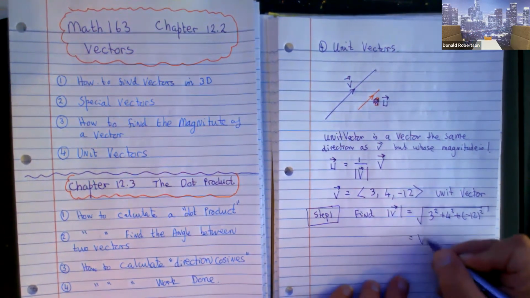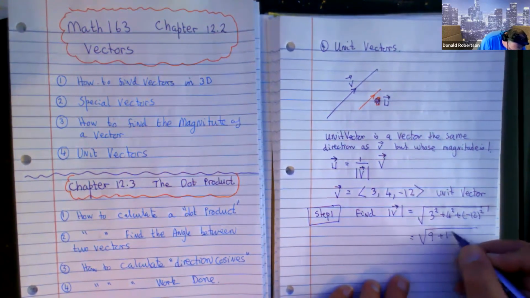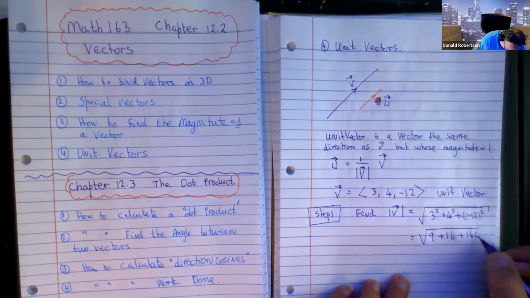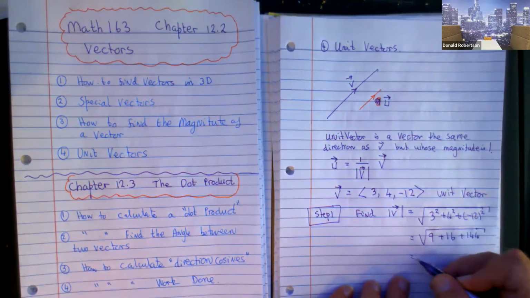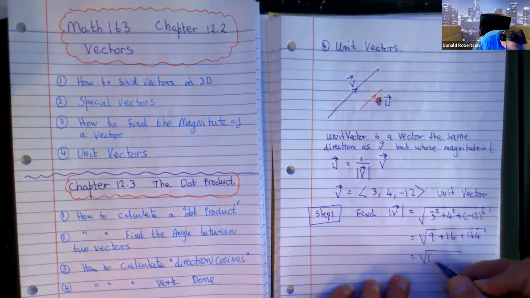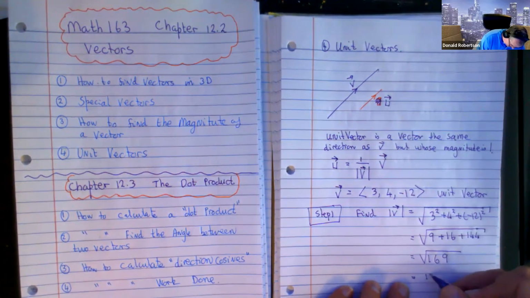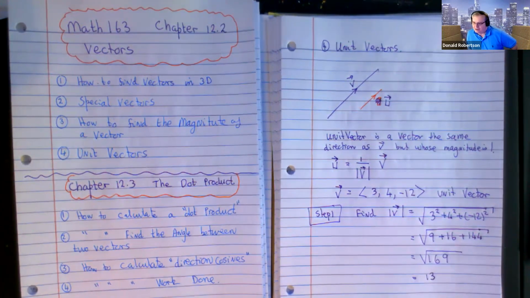In this case, that's 9, add 16, add 144. And that ends up being 169, which comes out as a nice number because I made it come out as a nice number.